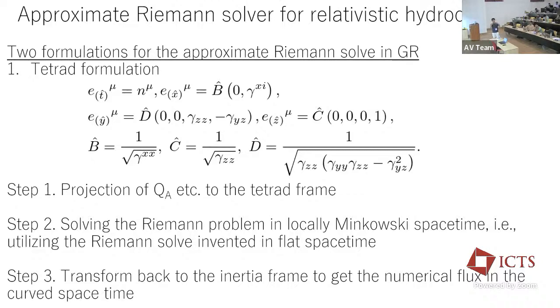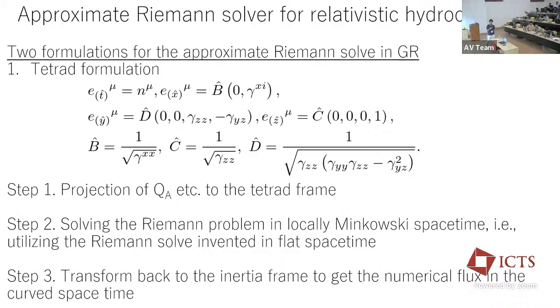If you transform to the tetrad formulation, this system is nothing but special relativistic locally. So you can solve the Riemann problem in a locally Minkowski spacetime, which means you can directly use the Riemann solver invented in the special relativistic case.